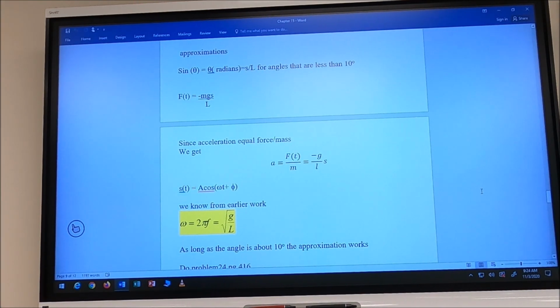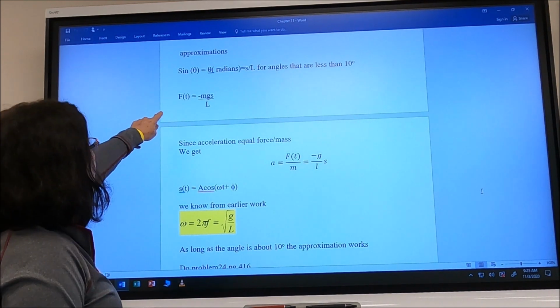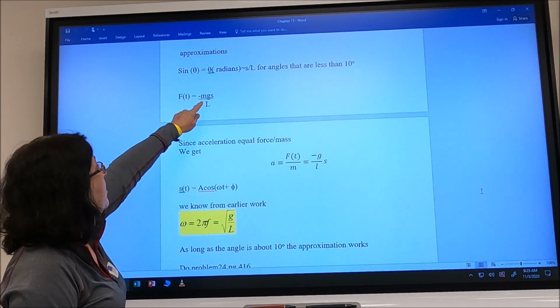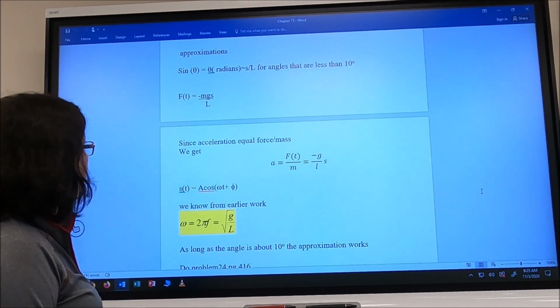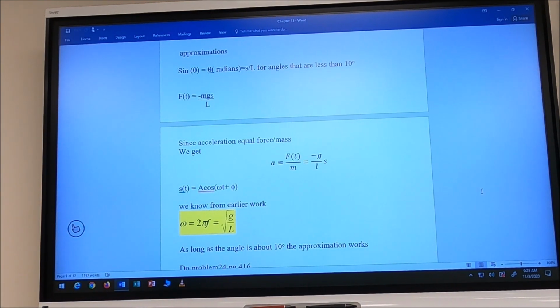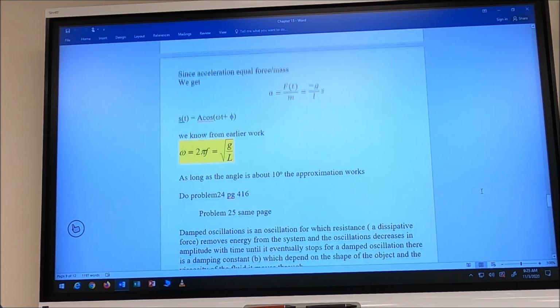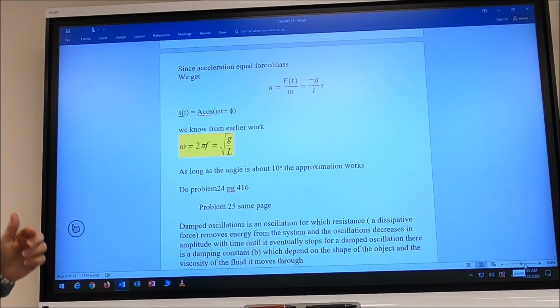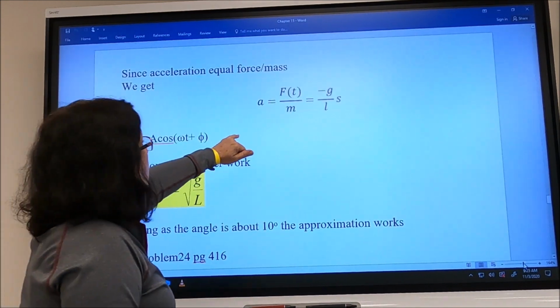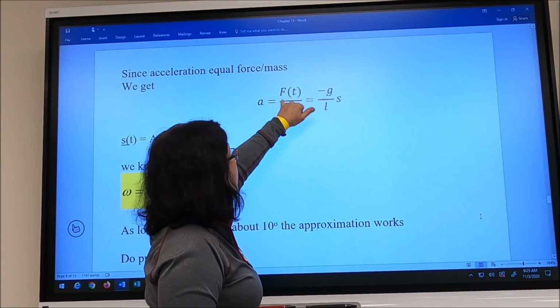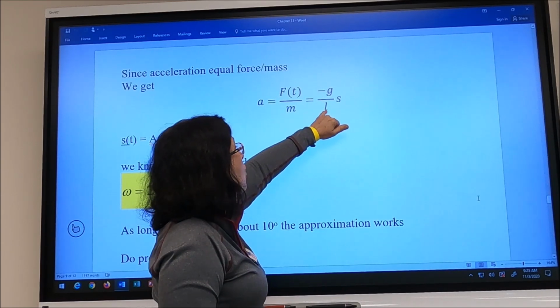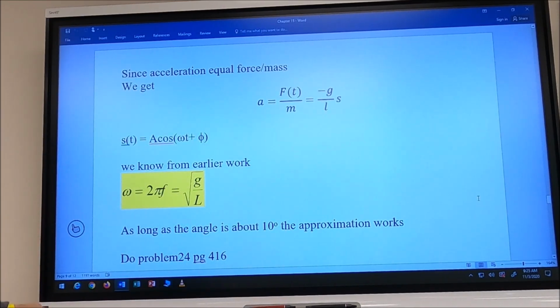So if we don't pull our pendulum back further than 10 degrees, then I can say that the sine of theta is equal to S over L. So the tangential force is going to equal minus mgS over L. Getting acceleration, we know that acceleration equals force divided by mass, so acceleration equals minus g over L times S.